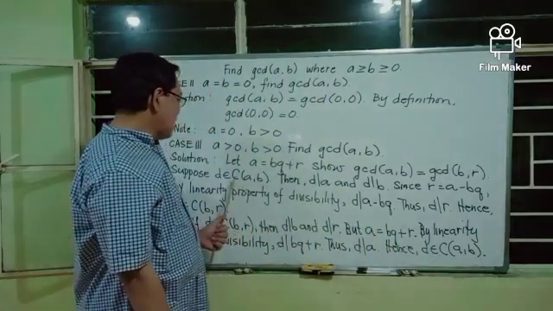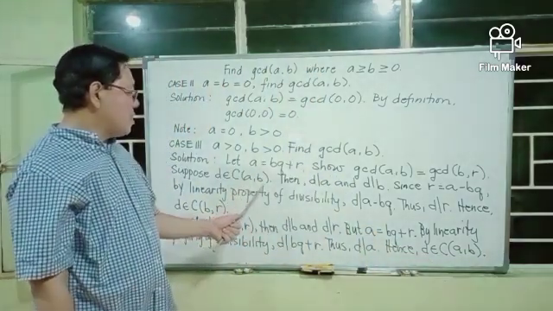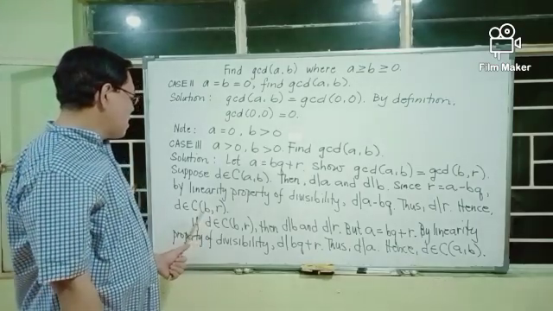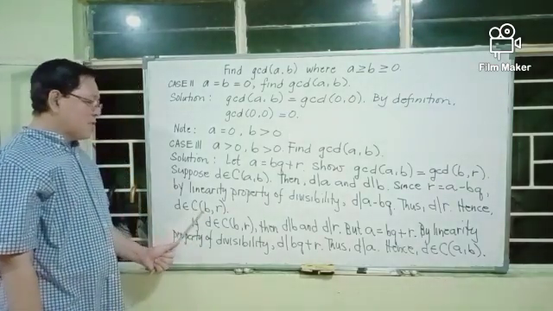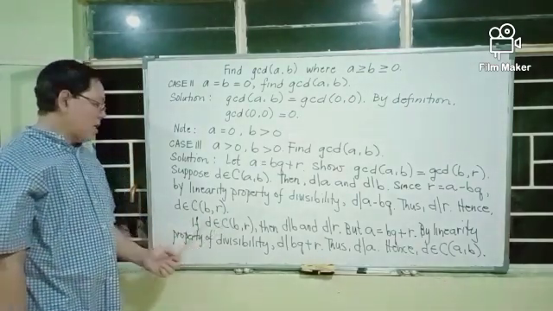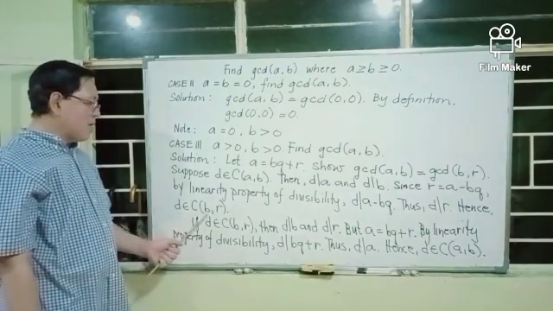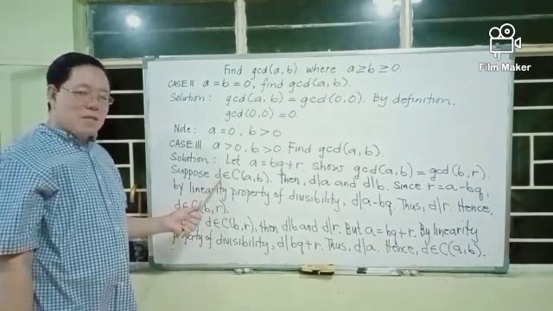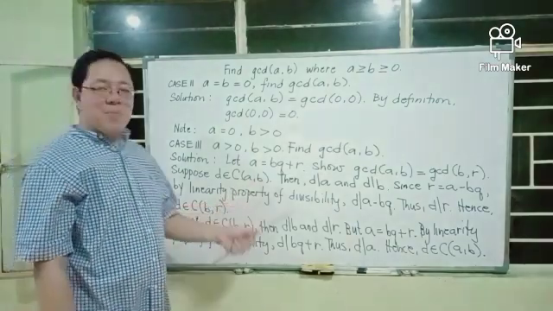So if D is an element of CAB, D is an element of CBR, and vice versa. If D is an element of CBR, we have shown that D is also an element of CAB.